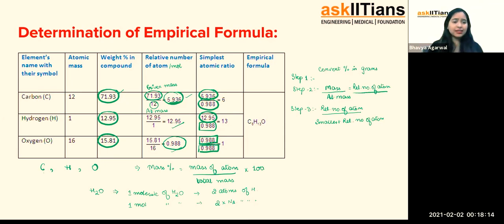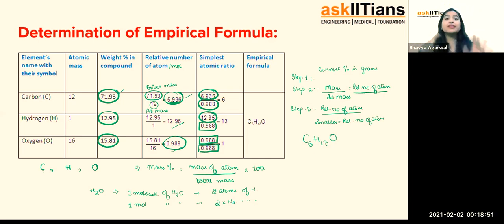So to find out this empirical formula, there is a particular fixed series of steps. The moment you keep on doing these steps, you'll always land up getting your answer, no matter what. Right? So when you get the simplest atomic ratio, it means in that molecule there are 6 atoms of carbon, 13 atoms of hydrogen, and 1 atom of oxygen.